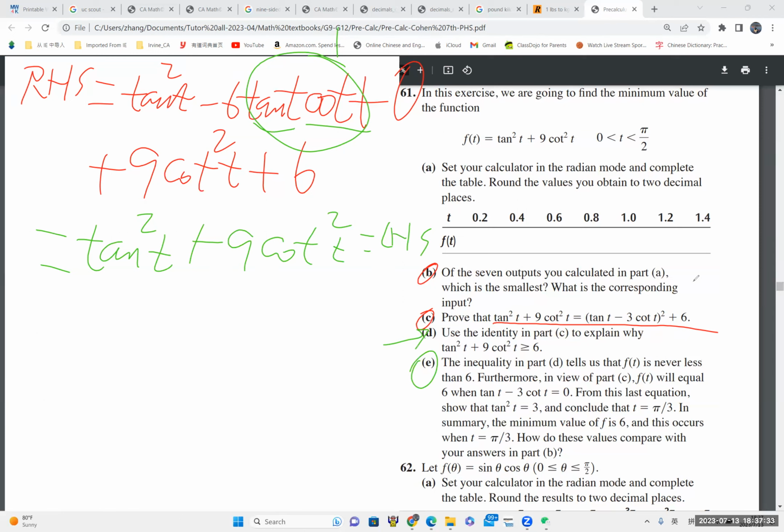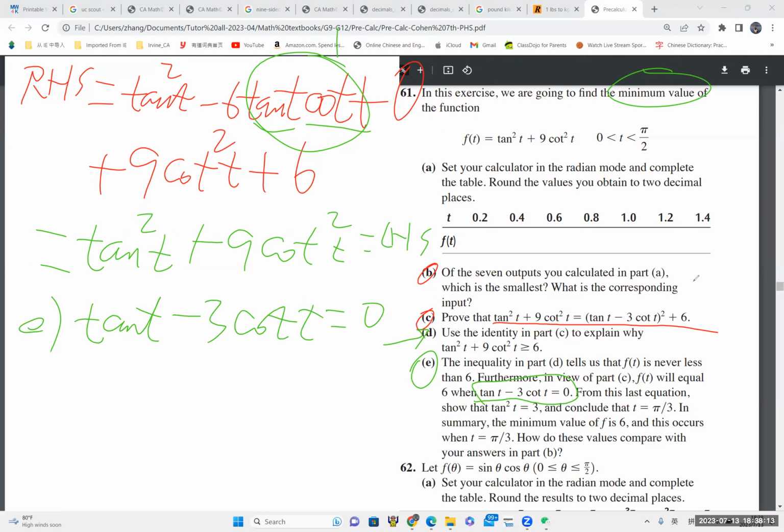The inequality in part D tells us that f of t is never less than 6. When tangent t minus 3 cotangent t equals 0, it gets a minimum value 6, right? Minimum value. So this is E. To find the minimum value, we should have tangent t minus 3 cotangent t equal to 0.